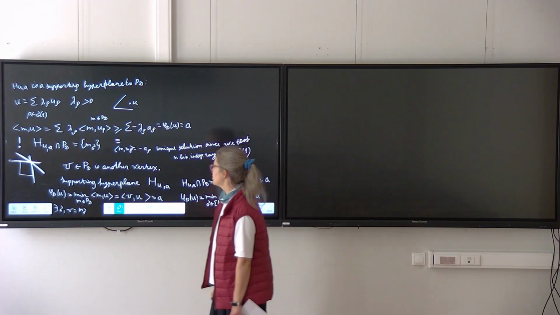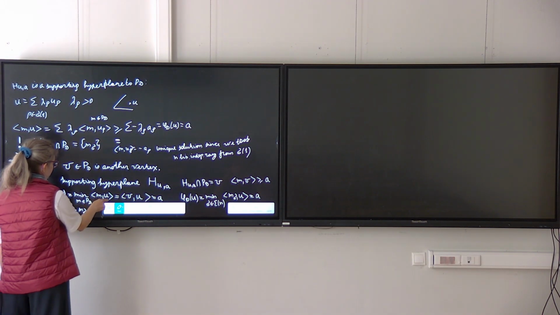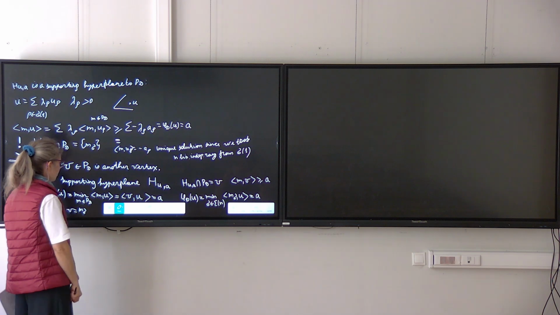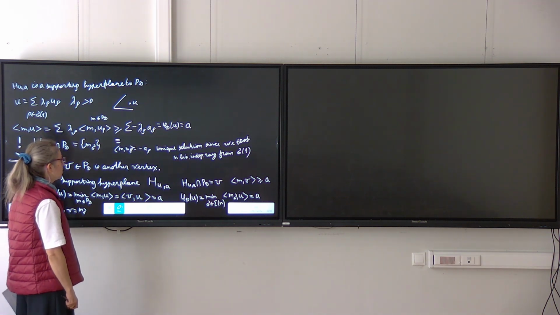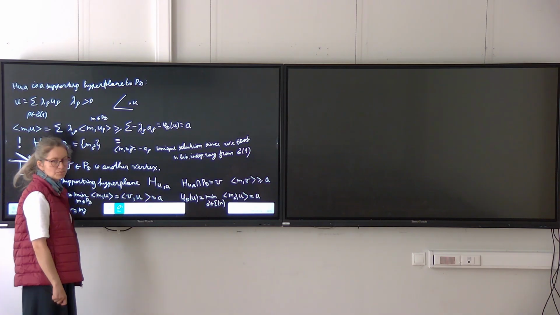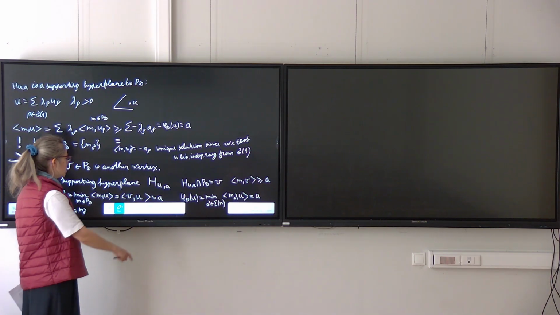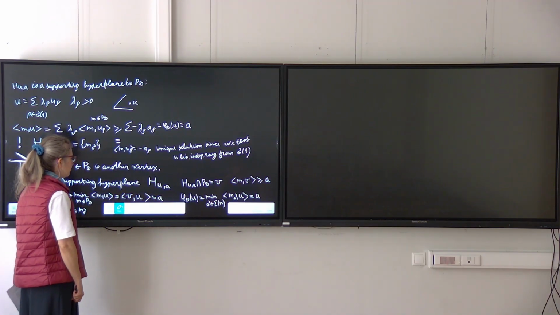Дальше мы знаем по определению, что φ d от u это минимум по всему многограннику скалярного произведения с u. Мы знаем, что этот минимум будет равен v u. И мы его обозначили А для удобства.